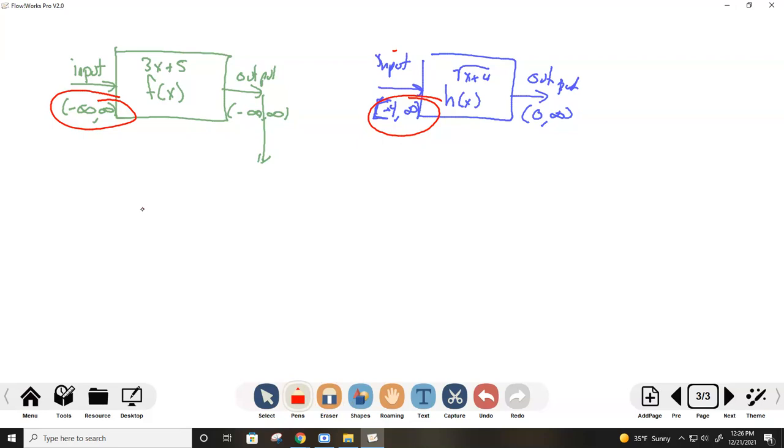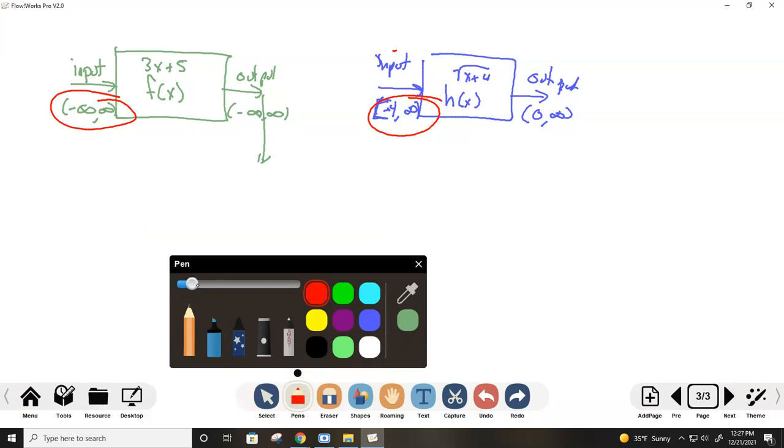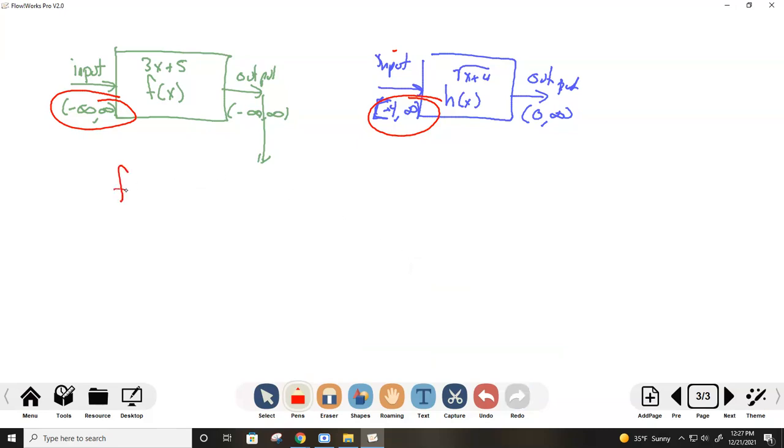If I take f composed with h, we can rewrite that as f of h of x, as we said before.